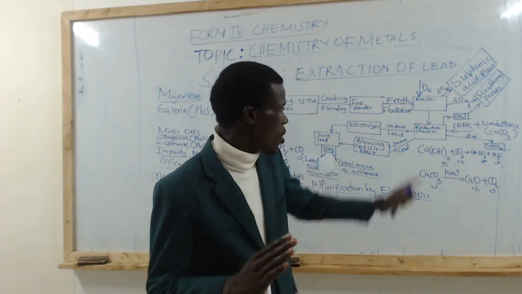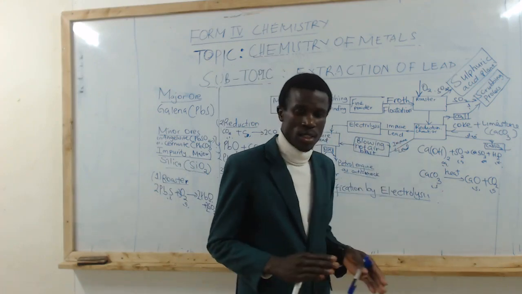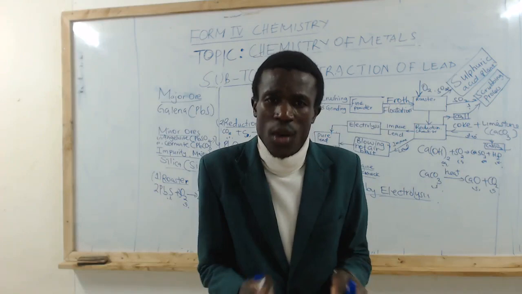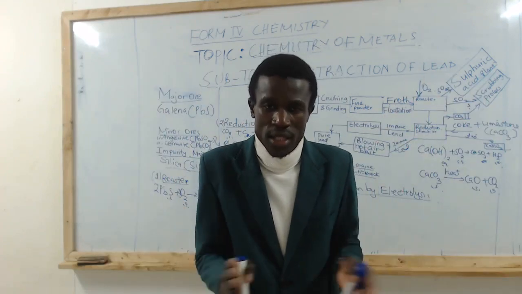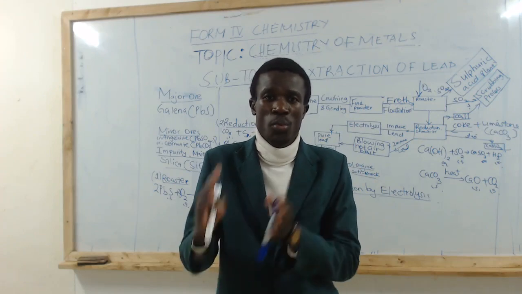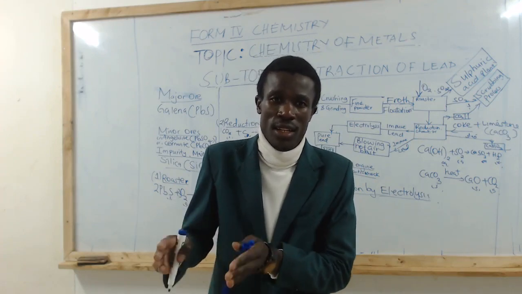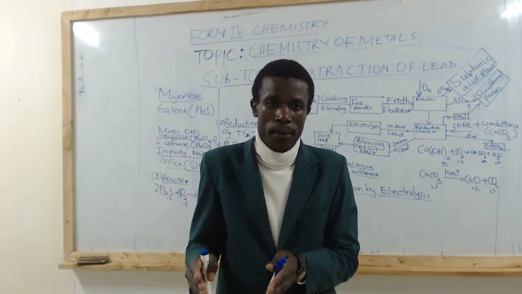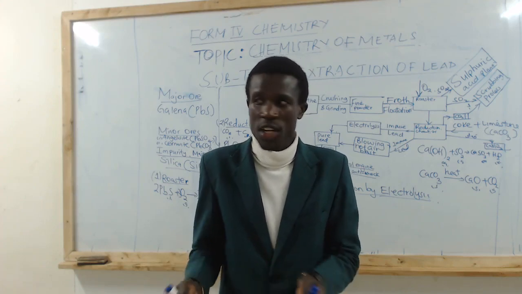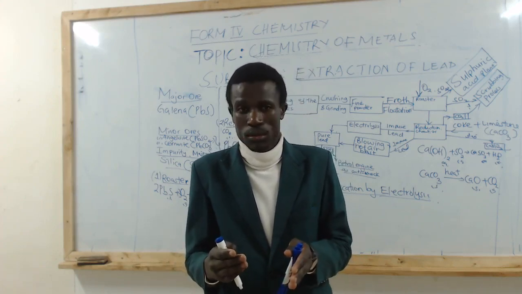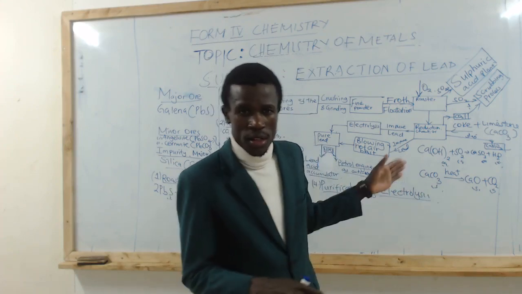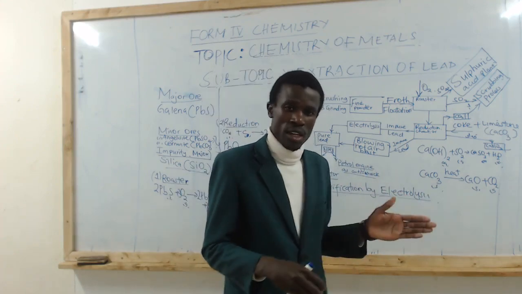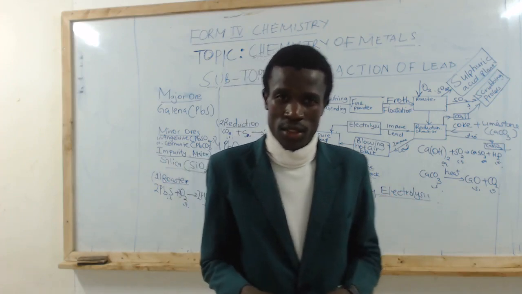Blowing of hot air blast would oxidize any impurity, and when this is done, nearly 85% of the impurities are removed. But this method is not efficient because some impurities cannot be oxidized.